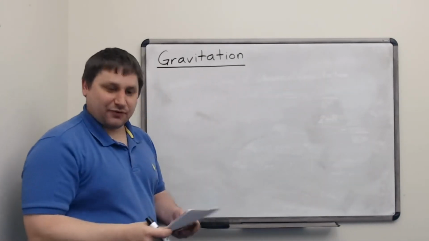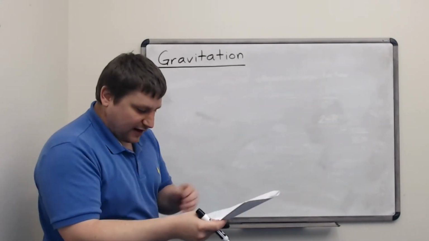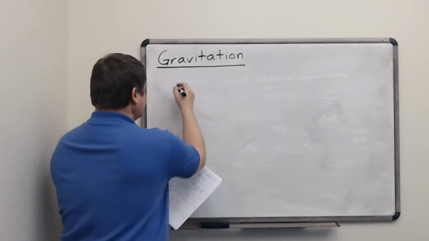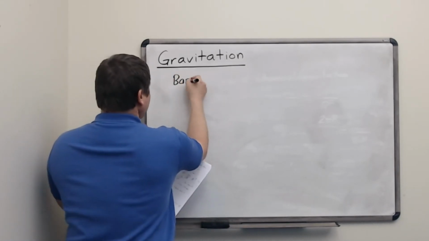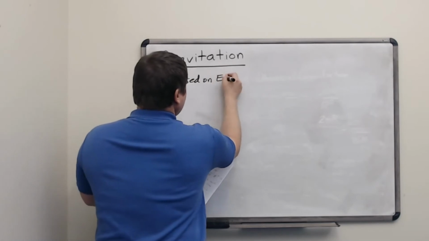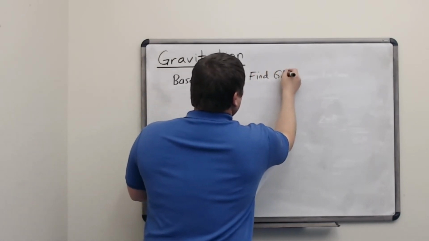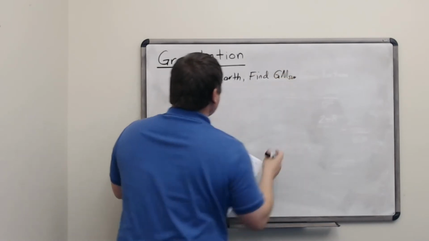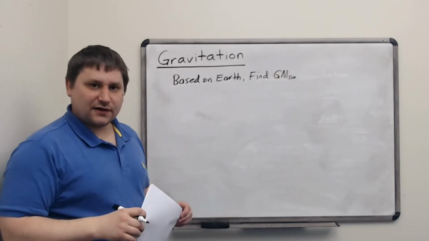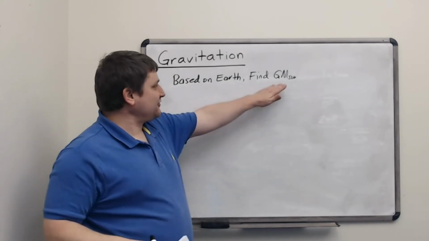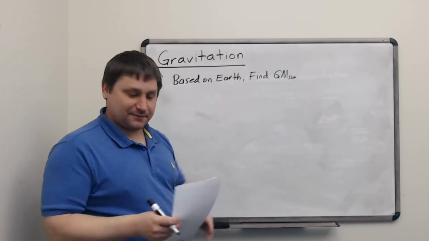Let's do a fun example that we'll need for a value later on. It says, based on the orbit of the Earth, calculate the value of the gravitational parameter, GM, of the Sun.